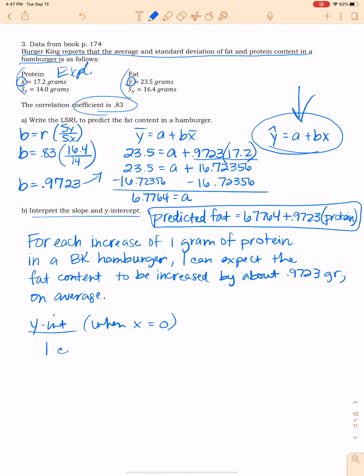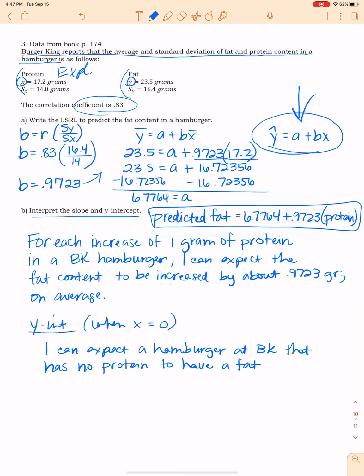So I can expect a hamburger at Burger King that has no protein to have a fat content of 6.7764.